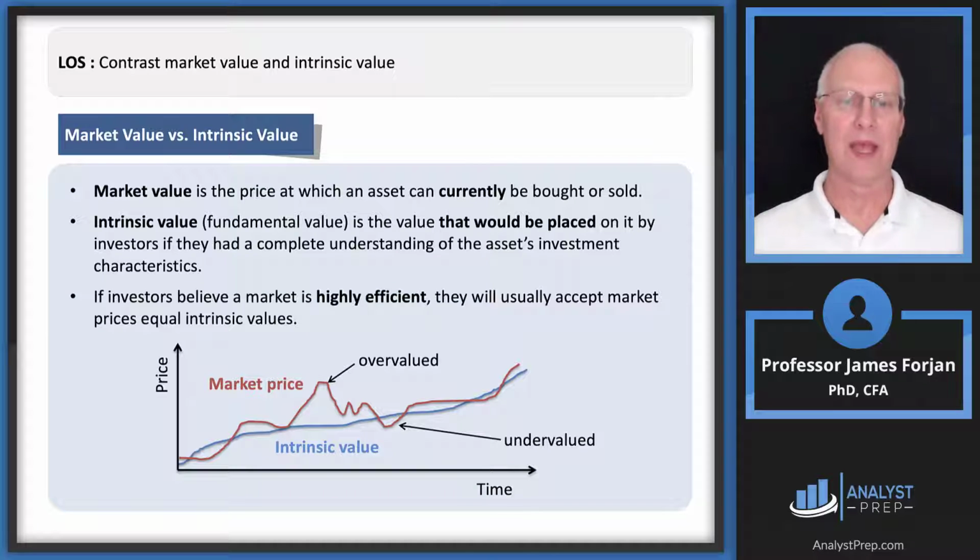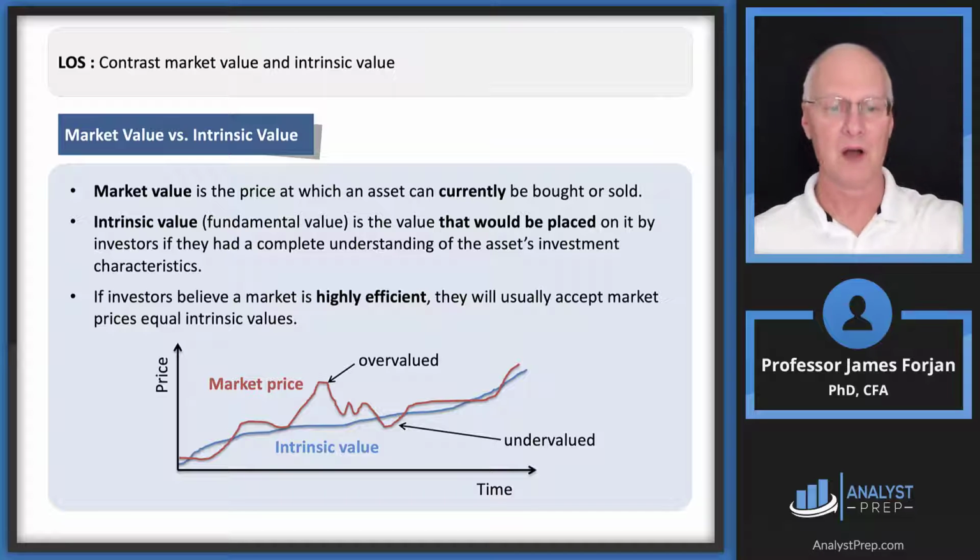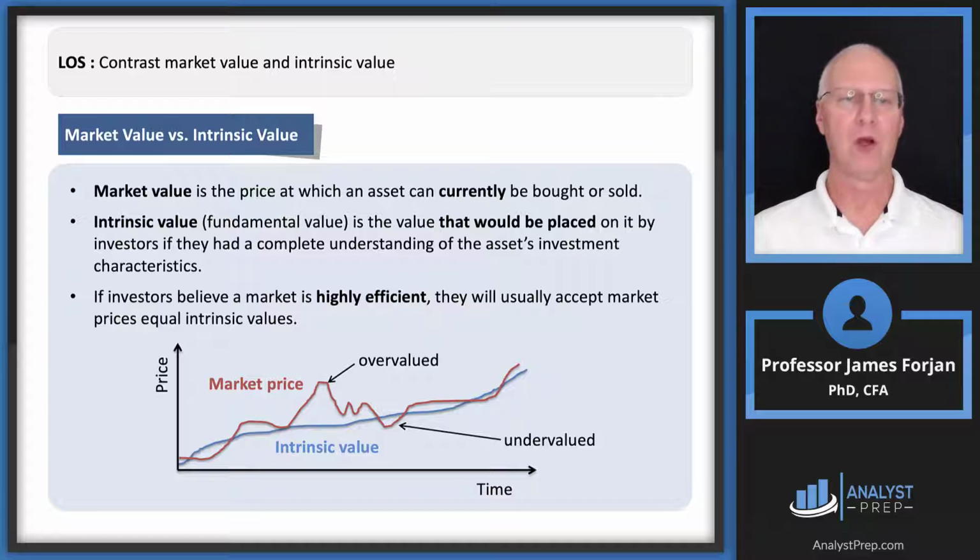And so that's where we get into this concept of stocks that are overvalued and stocks that are undervalued. And so look, the red up there at the top, you can see overvalued, where the price is above its true fundamental economic value. We call that an overvalued stock. And then, of course, when the red line dips below the blue line, we call that undervalued.